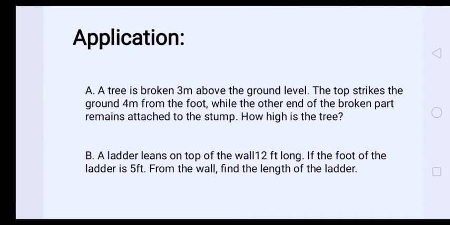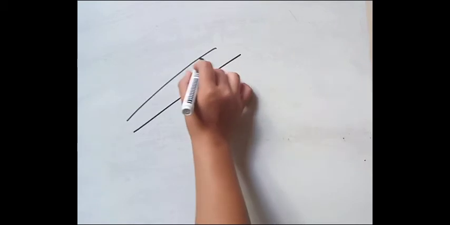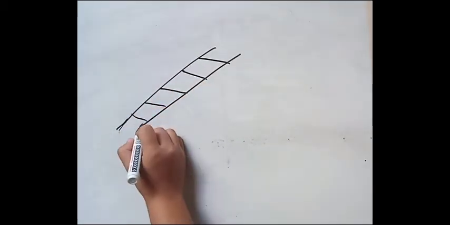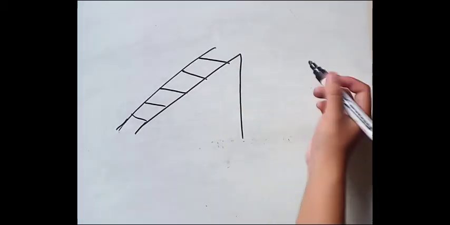In our second problem, a ladder leans on top of a wall 12 feet long. If the foot of the ladder is 5 feet from the wall, find the length of the ladder. So again, let's draw an illustration. It says a ladder leans on the wall 12 feet long.